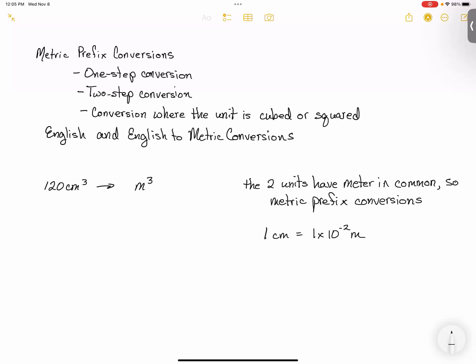So what that means is I'm going to have to take this conversion factor that I did find, and move it into the appropriate conversion units. So I'm going to have to take this centimeter and move it into centimeter cubed. Well, in order to do so, I've got to cube it, which means I've got to cube the entire conversion factor.